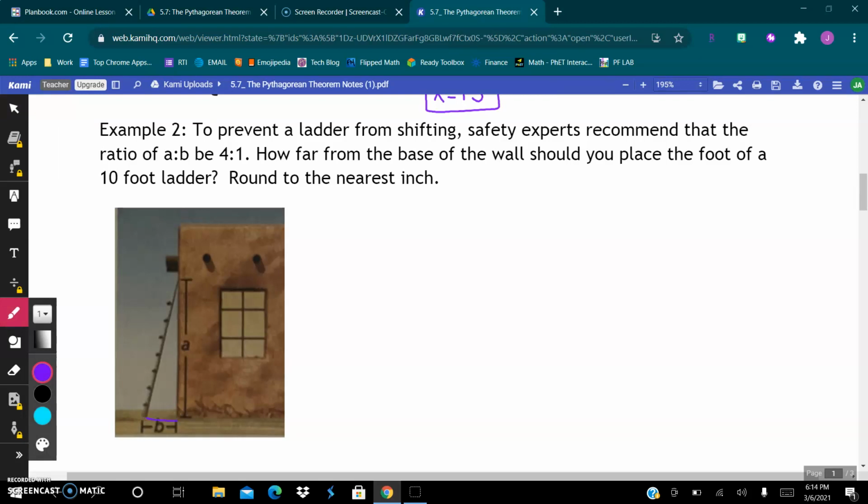where the B is. So we are going to use the formula A squared plus B squared equals C squared, since this is a right triangle. And they're saying A has to be 4 times the size of B. So we are going to have 4, we'll call it x, (4x) squared.